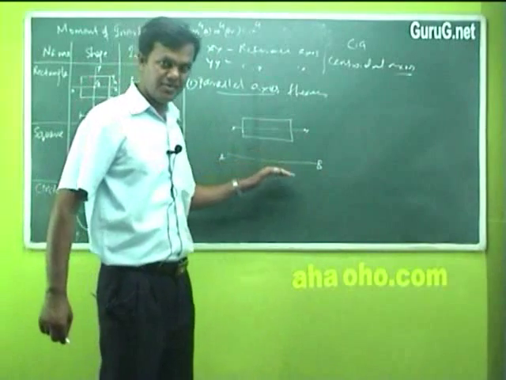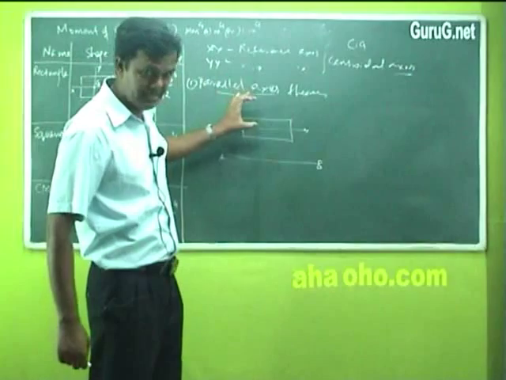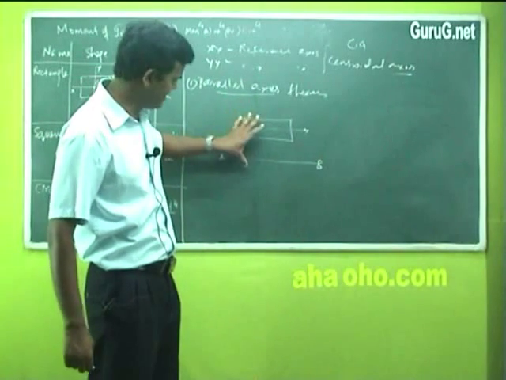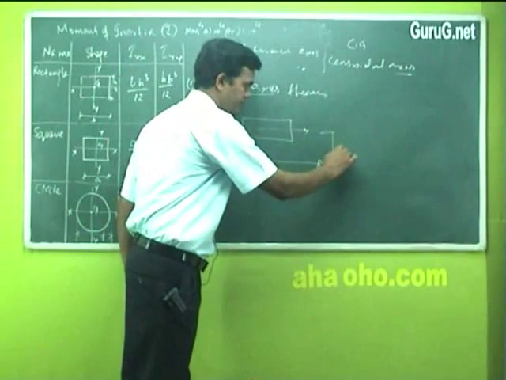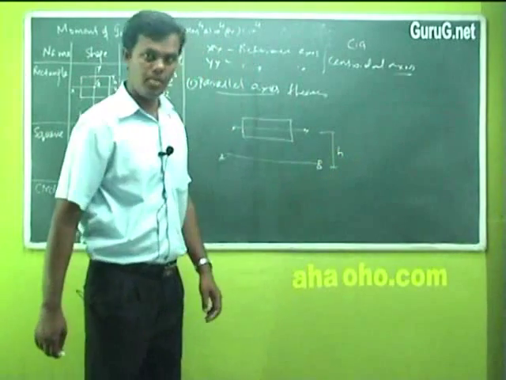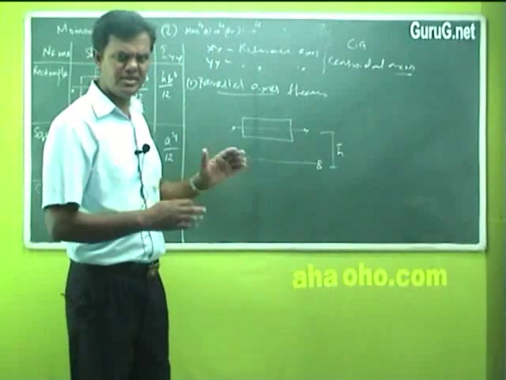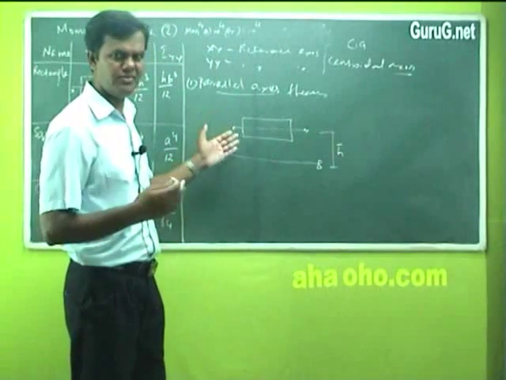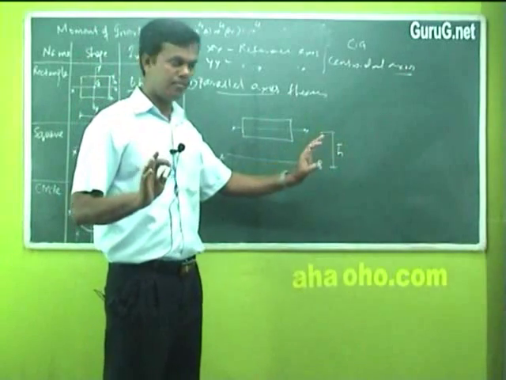If AB is my reference line and the body is at some distance, say this distance I will take as h, or I will take it as h bar. It is to differentiate, as per the different textbooks the approach will be different, but the meaning is the same.